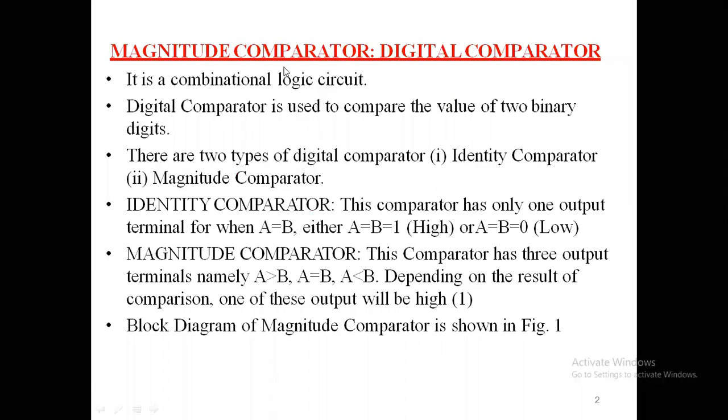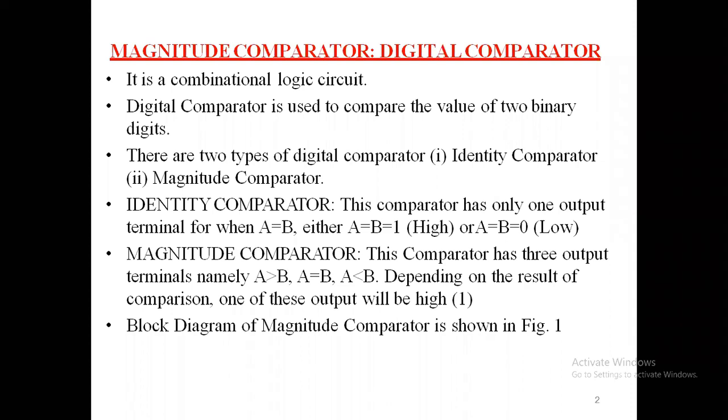It is a combinational logic circuit used to compare the values of two binary numbers. For example, you give a value 5 and b value 4, and we have to check whether it is greater than or less than. Obviously 5 is greater than 4.